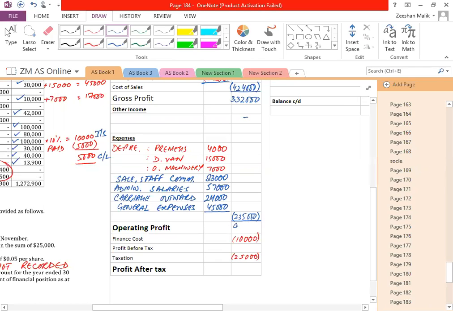It makes it 97. Profit before tax 87. And the profit after tax 62,000. Kindly verify this should be 62,000. And where to take it? We have to take it to SOCE, the retained profit, 62,000.